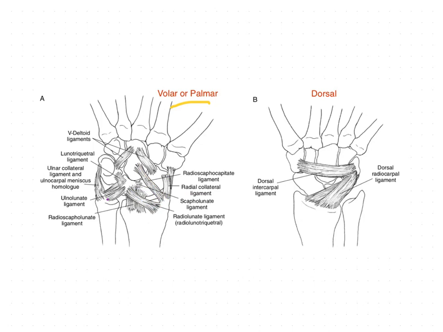Here you can see this ulnolunate ligament, and also the ulnar collateral ligament. So these are the two ligaments, the ulnolunate ligament and the ulnar collateral ligament. These are the extrinsic ligaments, and two volar intrinsic ligaments are also present here.